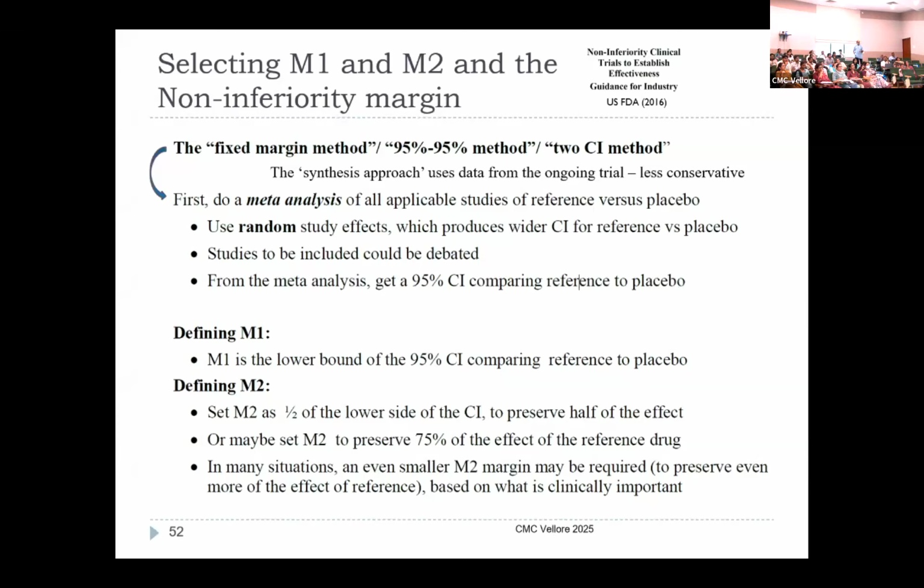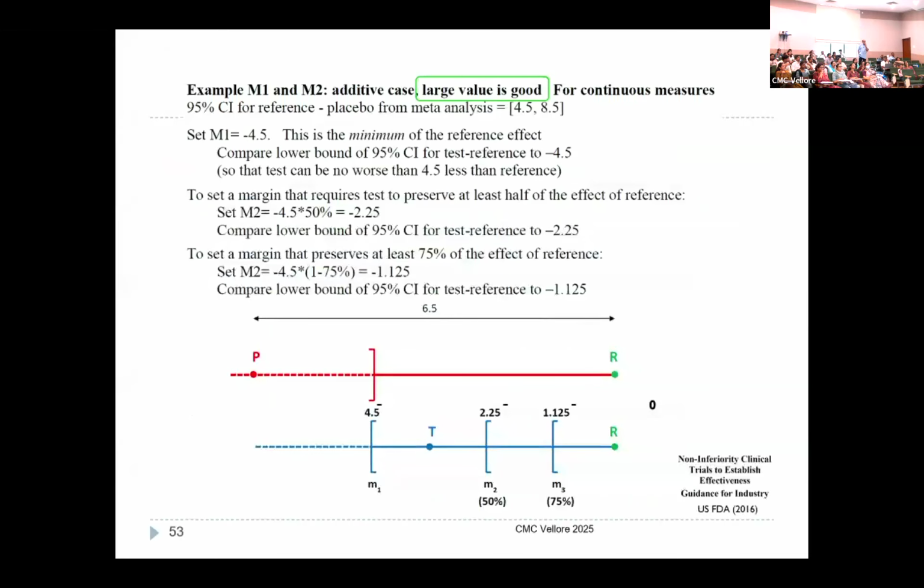And so, for example, this is a calculation: if from the literature review you get the minimum of the reference effect as minus 4.5, and you're looking at differences, then if it requires the test to preserve at least half of it, you would have to have minus 2.25. And if you want to preserve 75%, you have to have minus 1.125 from the reference.